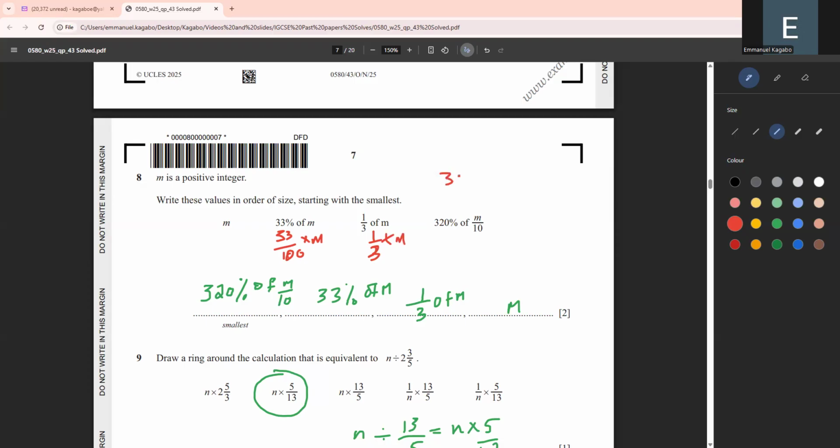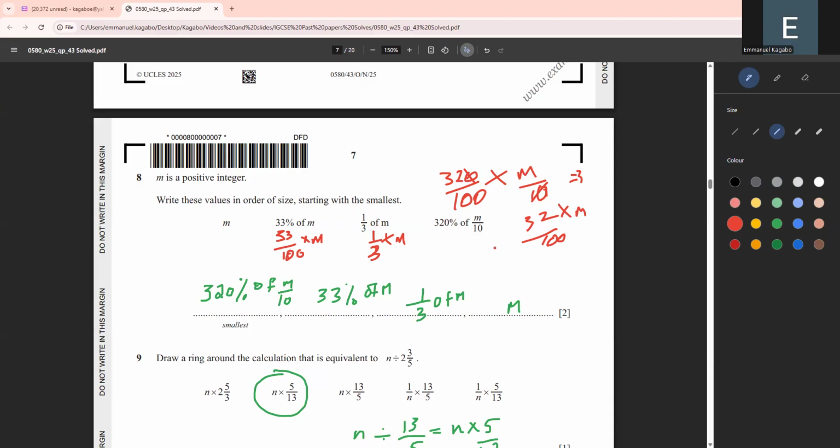What about here? Here it means 320/100 times M/10. So as you can see, they will cancel with that, and then it gives me 32/100 of M. Now, when you do your calculations, as you can see, this is the smallest, right?